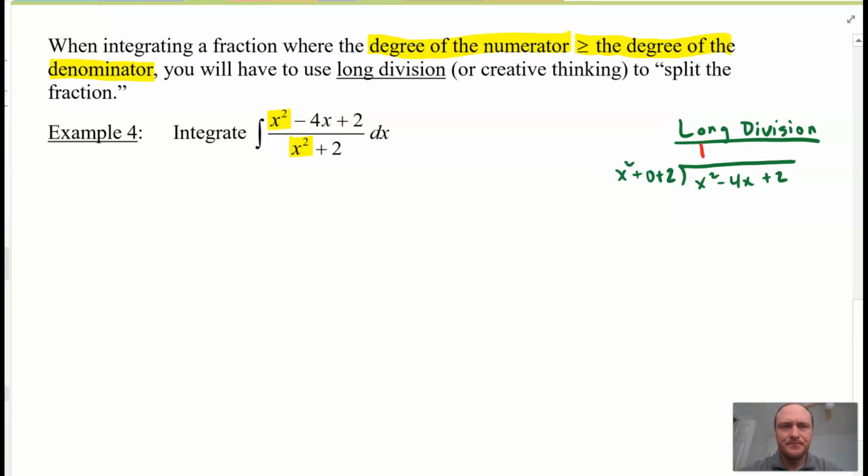So 1. Okay, 1 times x squared is x squared. 1 times 0, 0, and 1 times 2 is positive 2. So I need to subtract, change my signs. So this becomes negative, this becomes negative, this becomes negative. These terms cancel. Here I have negative 4x, take away 0. So negative 4x will be the remainder, and the 2's cancel.